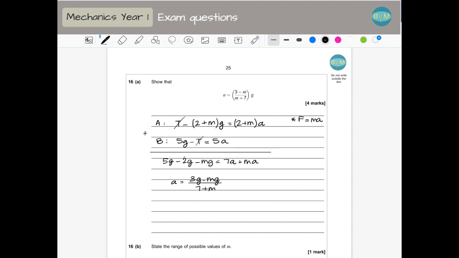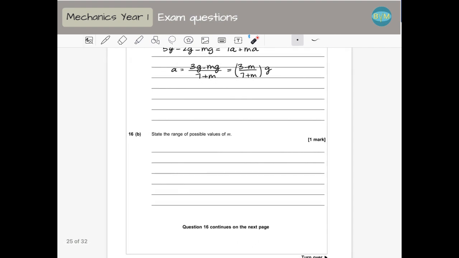I just have g outside, so I have factorized the numerator. So I have (3 minus m) divided by (m plus 7), times g, which is what we needed to prove, which is this expression here. Then for part b, I have to state the range of possible values of m.